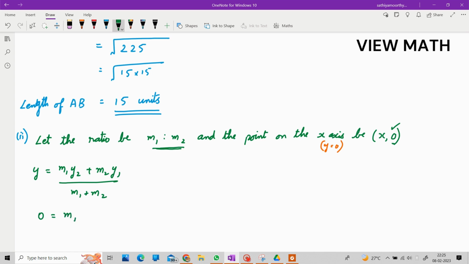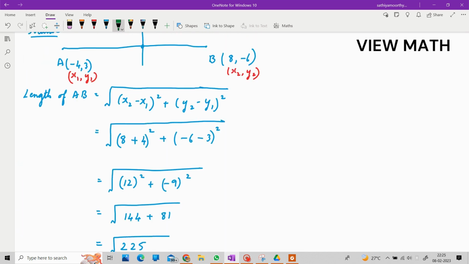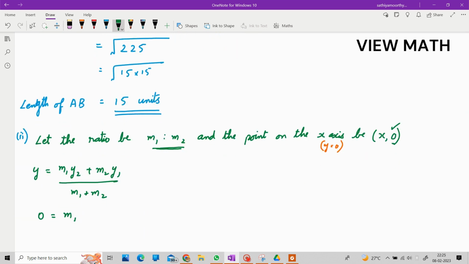Now what is y2 and y1? y2 is minus 6, y1 is 3. So substituting, minus 6 m1 plus m2 times 3, divided by m1 plus m2.